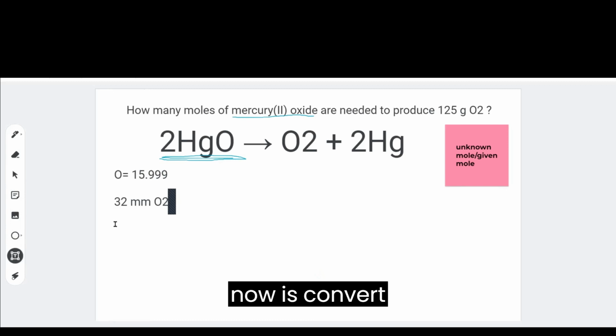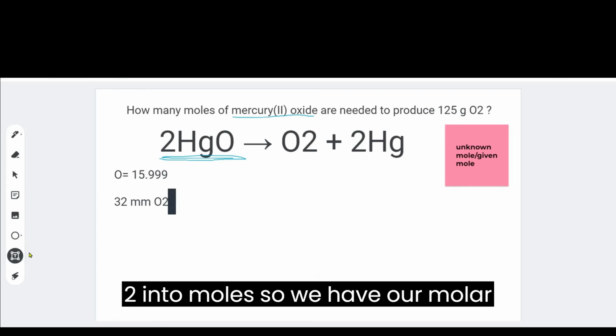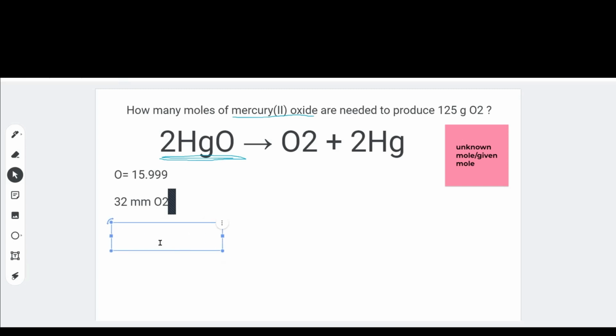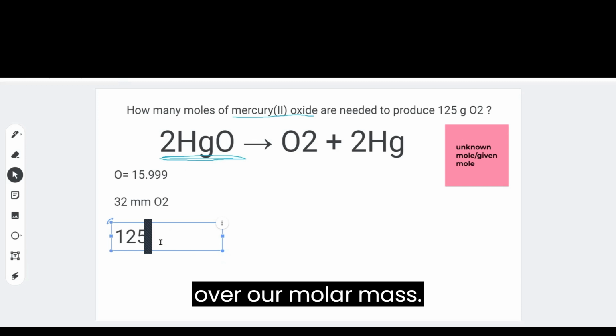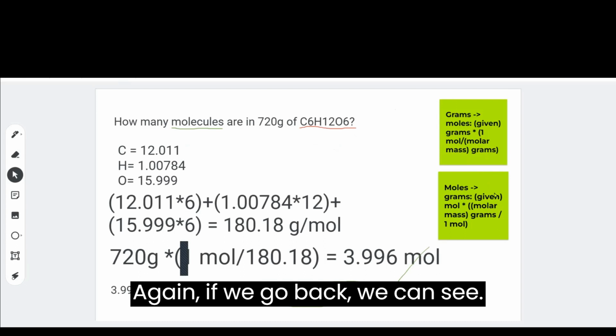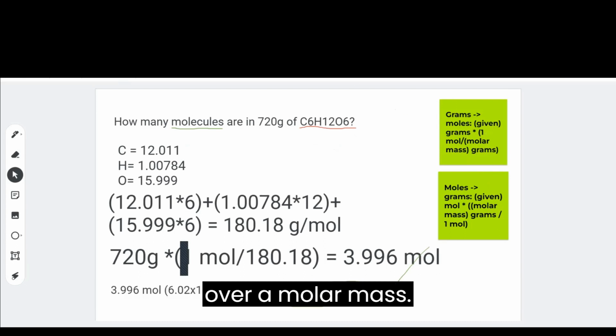What we're going to do now is convert our grams, 125 grams of O2, into moles. So we have our molar mass, we know our grams. So we have our given grams, 125 times 1 mole over our molar mass. Again, if we go back, we can see grams to moles, given grams, times 1 mole over our molar mass.